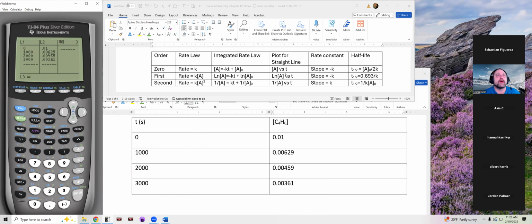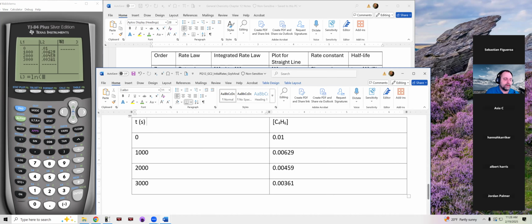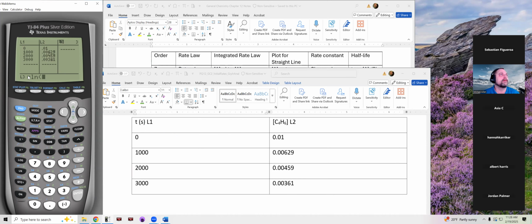In this case, I want ln of A. Notice it's not log, it's ln, and A is my concentration. My concentration was L2, and that's the hardest part here, just keeping up. Usually I label this L1 and this one L2, just so I can keep up with them. So this one is ln of L2, second L2.